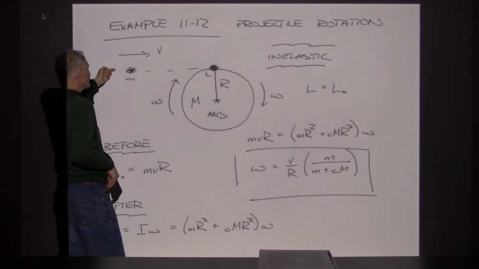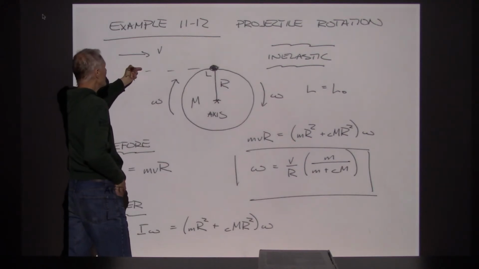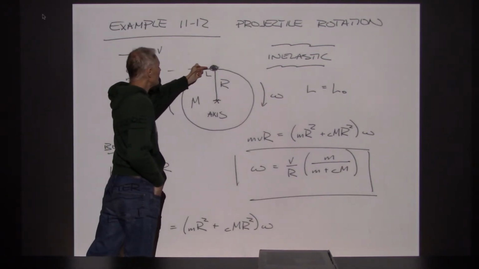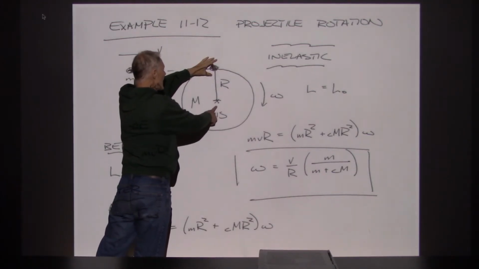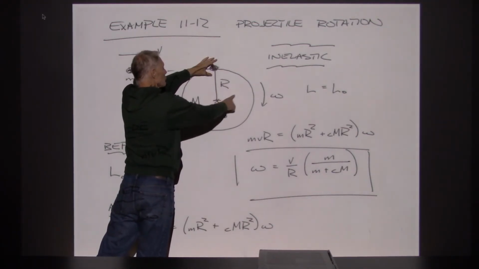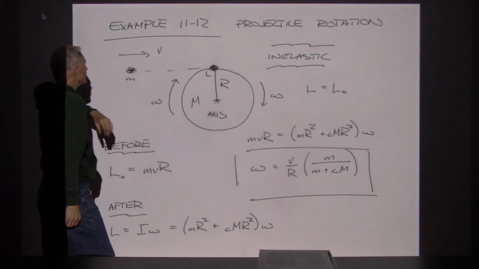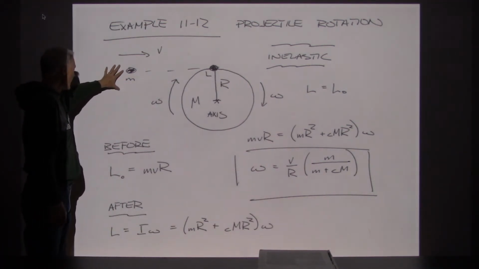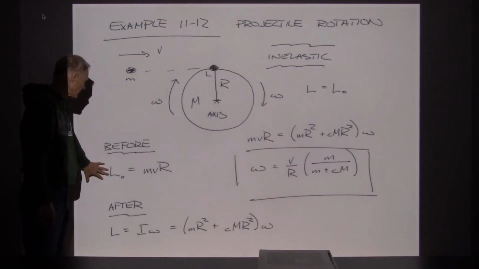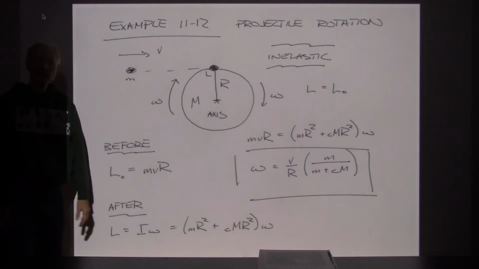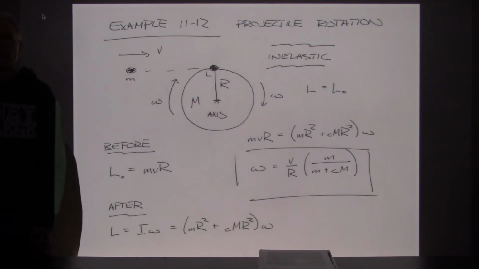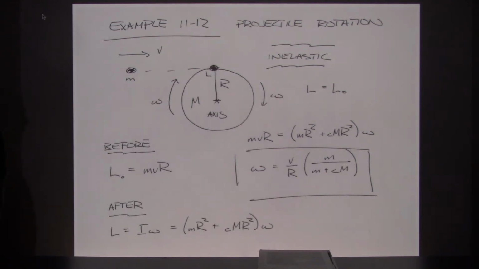Notice that this object has linear momentum, m times v, and if it continued to travel, it would miss the axis by a lever distance of r. So we can treat the projectile coming in, relative to this system, as having an angular momentum of mvr.